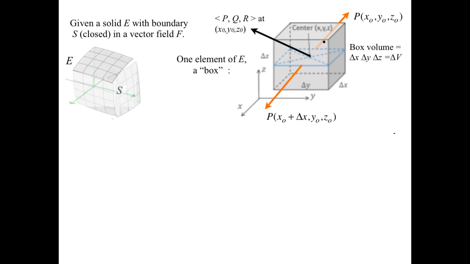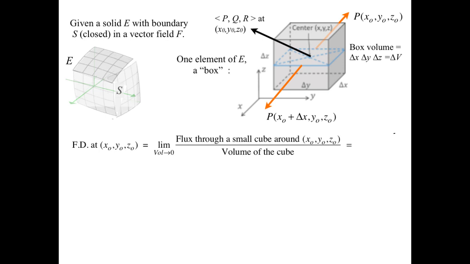So from the back of this little element to the front, you have a little bit of change in x, and so you're going to have a little bit of a change in the P component of F at that point. So the flux density at the point x naught, y naught, z naught is going to be the flux through the cube divided by the volume of the cube, and then let that thing shrink right down to 0.